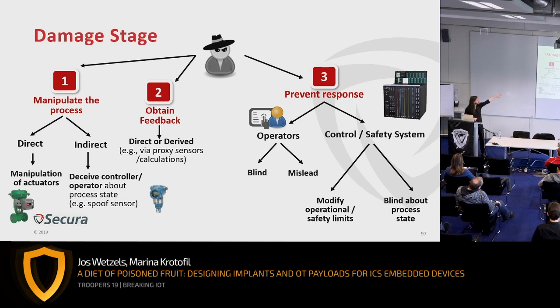Then if I'm manipulating the process, I will need to prevent a response. The operators and the safety systems might be fighting back, so I will need to manipulate that as well. And then very importantly, I will also need to be able to obtain feedback, because I will need to know if my attack is being successful or if it's failing, and I will need to synchronize different parts of my attack payloads across these implants that I'm having there.